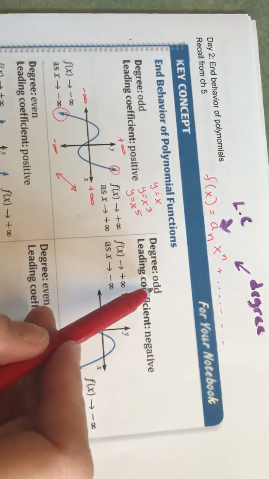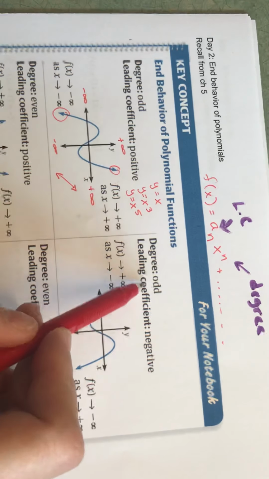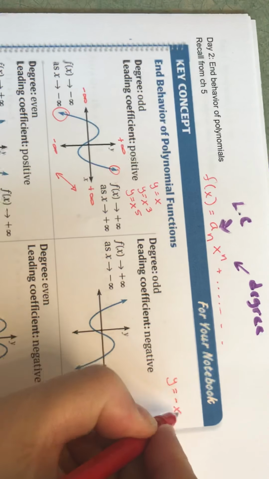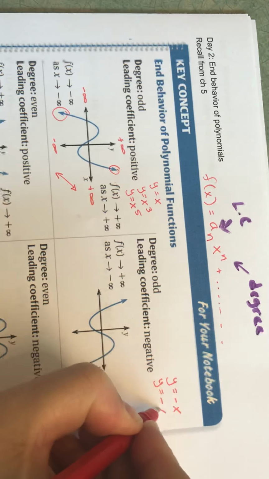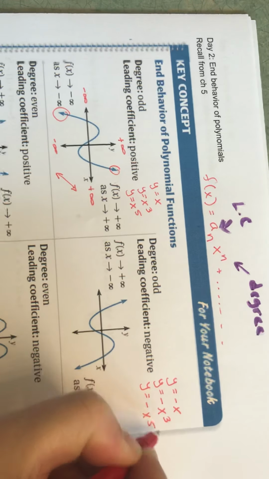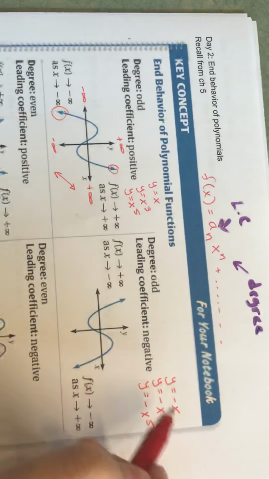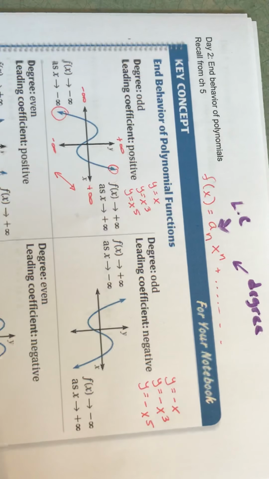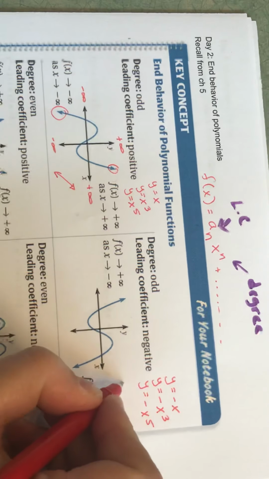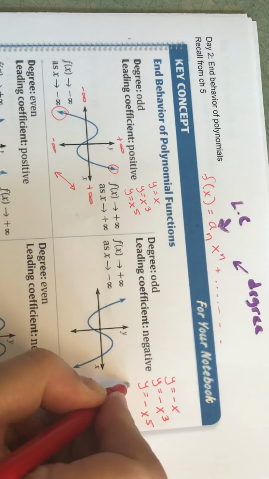Okay, and then here we have an odd degree but a negative leading coefficient, like y equals negative x, or y equals negative x cubed, or y equals negative x to the fifth. And there could be more to it. This is just the very simplified way of looking at it. So here it's going to be like a line with a negative slope.